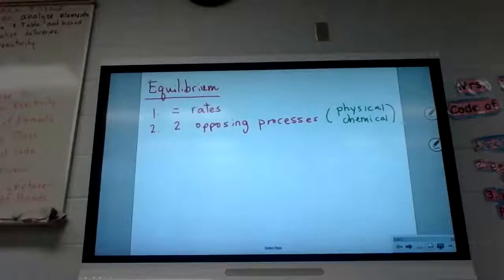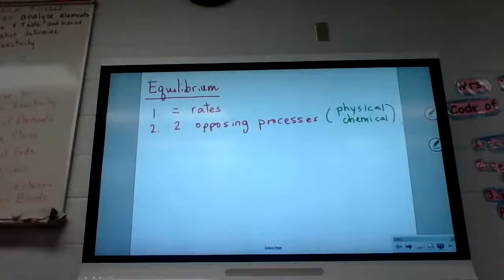And then you'll come back the next day and you'll all go, I don't get it. Okay? So we'll manage our way through that. I can almost guarantee you that you will see questions on chemical equilibrium on the exam. So we'll spend a little time with that. But we're going to start with physical equilibrium.